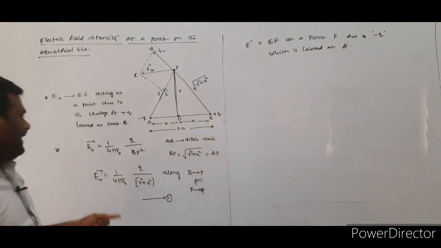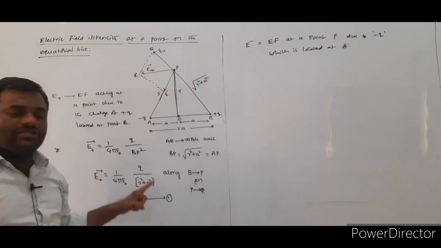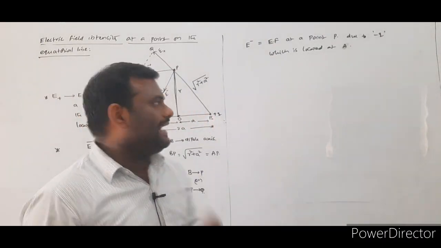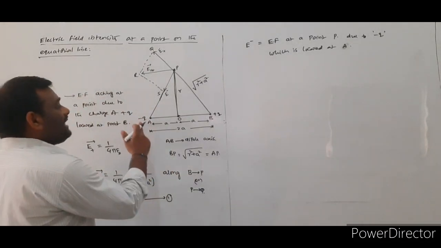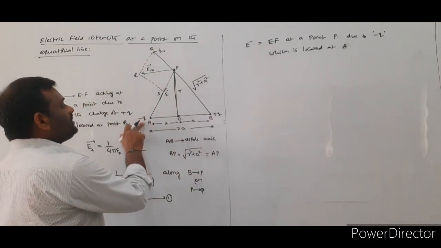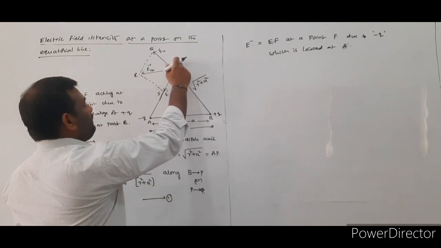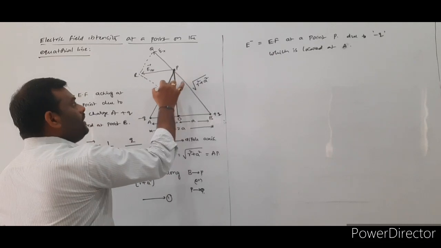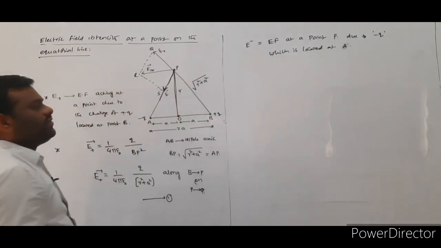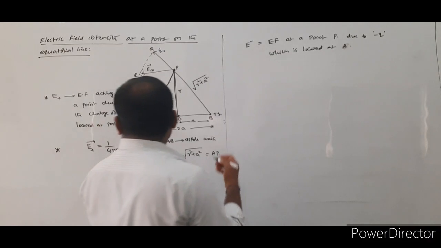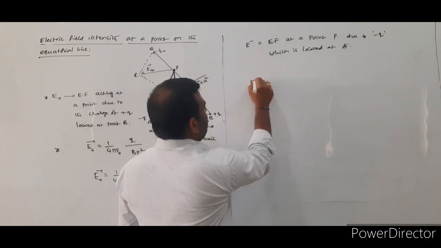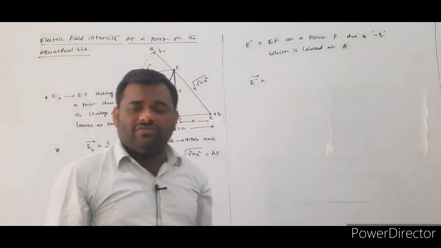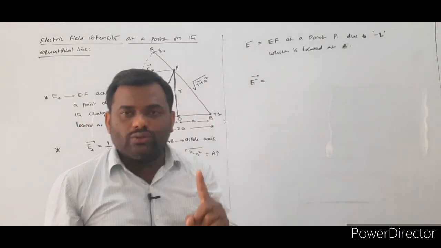Similarly, we have to find the magnitude as well as the direction of the electric field intensity which is produced by the negatively charged particle. See here, already we know the sign convention. Due to the minus q charge, whatever the field acting at the point P, its direction will be acting towards the negative charge. So I will write E minus bar. E minus bar is indicating electric field due to the negative charge.